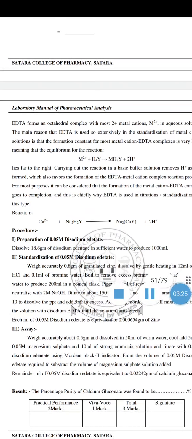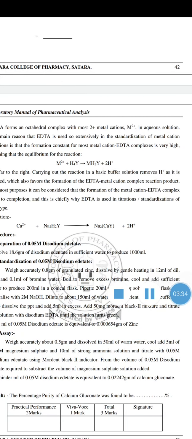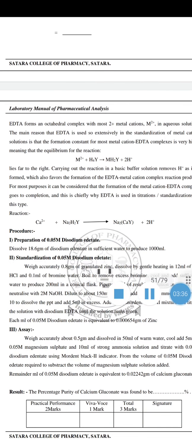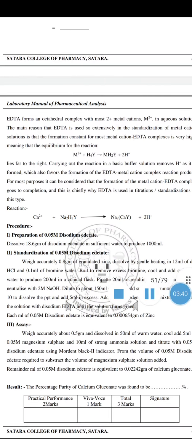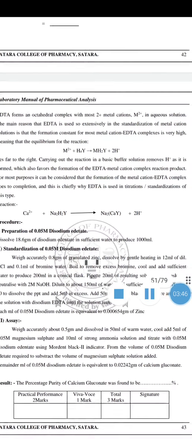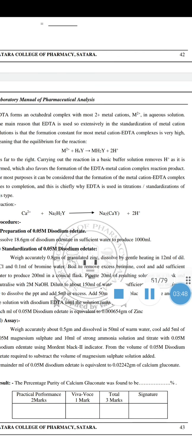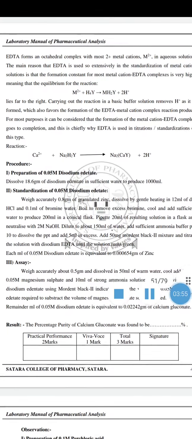Then the principle part: EDTA forms an octahedral complex with most 2+ metal cations in aqueous solution. The main reason that EDTA is used extensively in standardization of metal cation solutions is that the formation constant for most metal cation-EDTA complexes is very high, meaning that the equilibrium for the reaction favors the product.